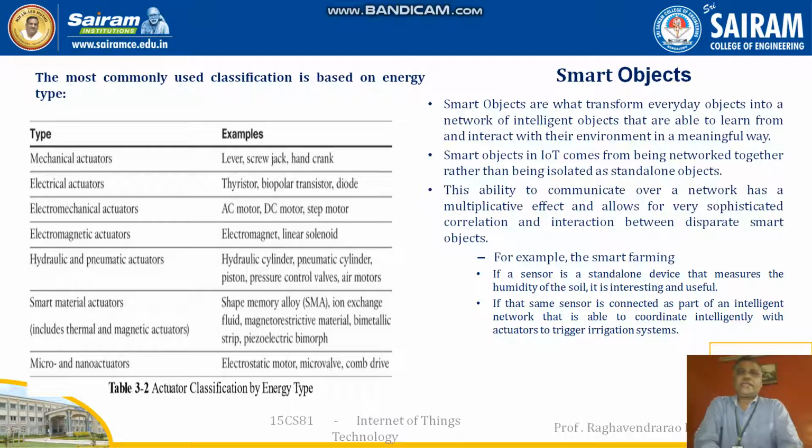Then electromechanical actuators are AC motors, DC motors, stepper motors. And electromagnetic actuators are electromagnet and linear solenoid. Then hydraulic and pneumatic actuators are hydraulic cylinder, pneumatic cylinder, piston, pressure control valves, and air motors.